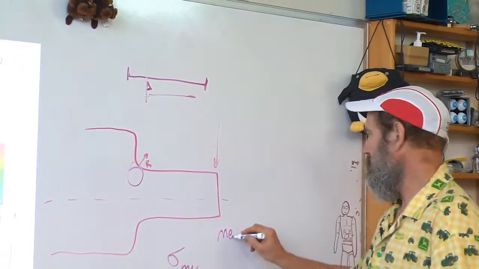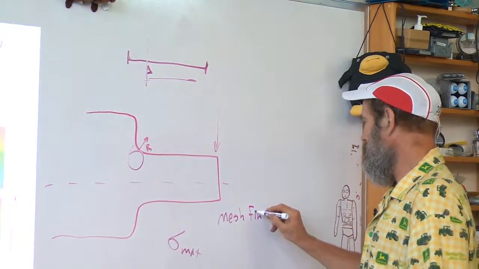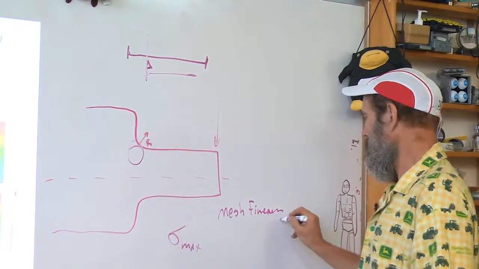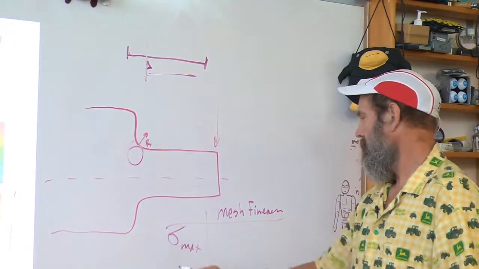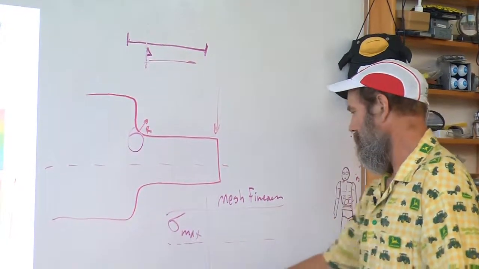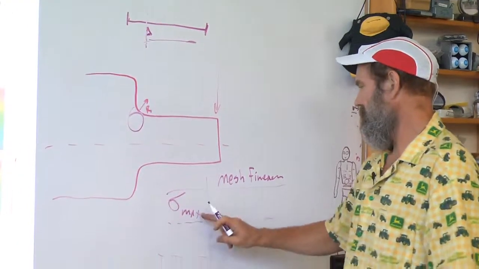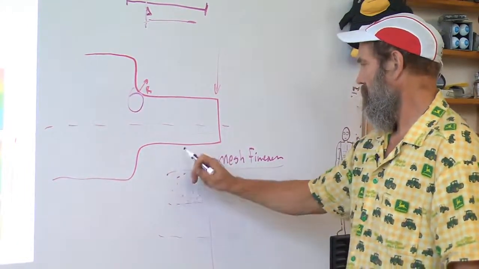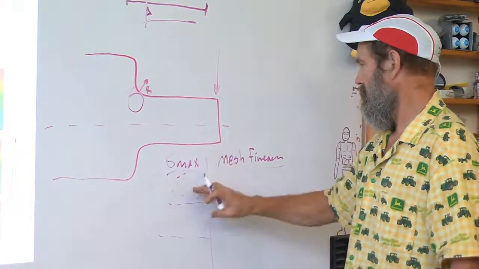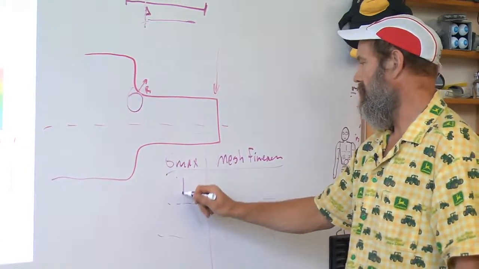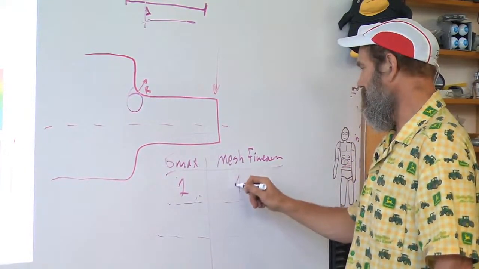We'll call this mesh fineness. You get a value of, let's say, 1, at a mesh fineness of 1.